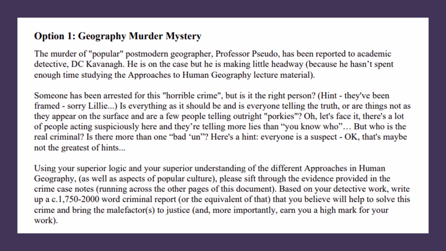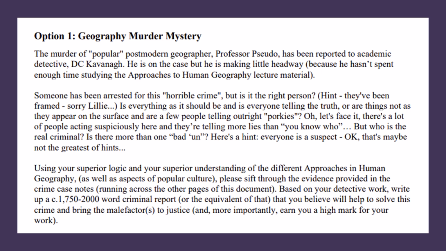As I've said already, and I know I'm repeating myself, but it's important, this is where you're explaining why character X is a major suspect because they did this, and I would not expect a geographer from this approach to do this. They said this, I would not expect a geographer from this approach to say that. So there are some very obvious clues in the text. Keep an eye out for them.